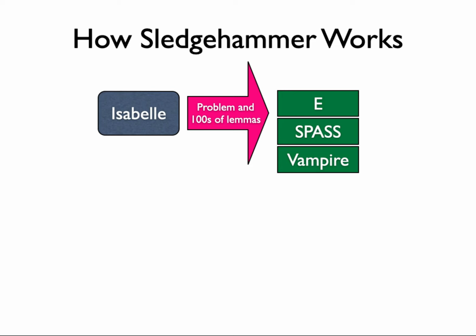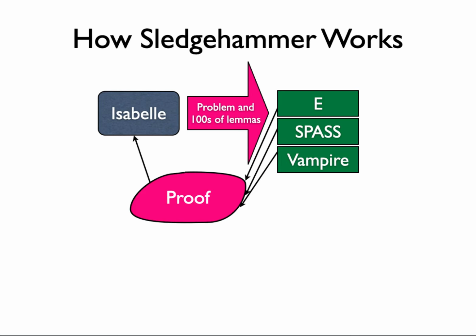Anyway, they go to these provers, and these provers come back with a claimed proof. Now, Isabelle does not believe these proofs. So remember, we have our LCF principle, we have our kernel. So these proofs are actually thrown away. One of the architects of one of these provers was actually shocked to hear this.